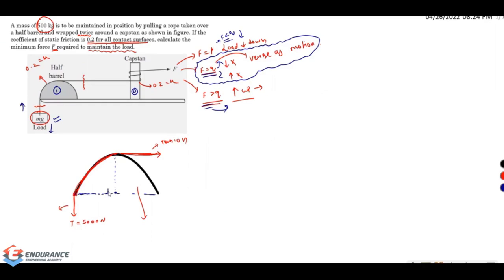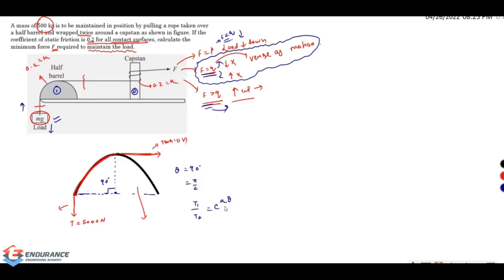The wrap angle is 90 degrees, so theta is 90 degrees, but theta should be taken in radians, which is pi by 2. We know the formula: T1 by T2 is equal to e to the power of mu theta. Mu is known, theta is known, no problem.